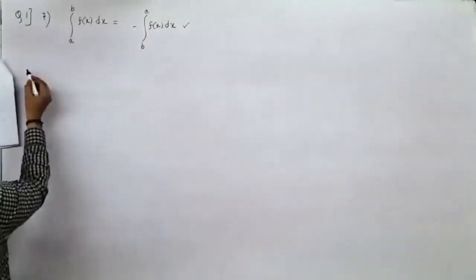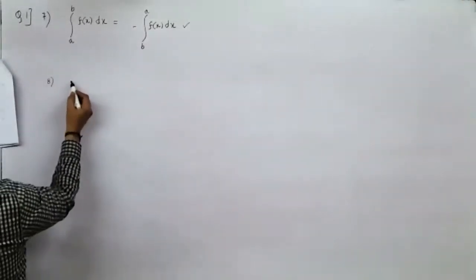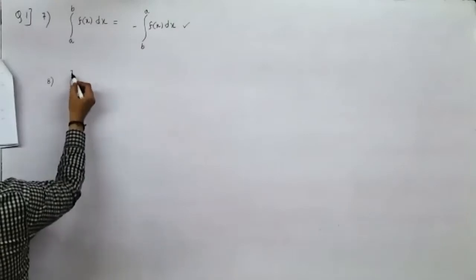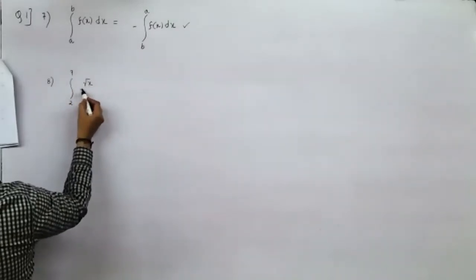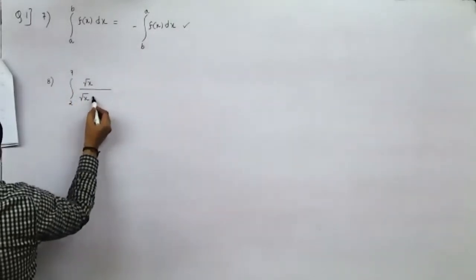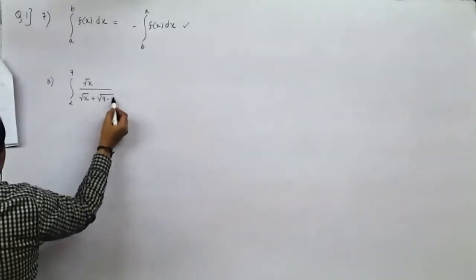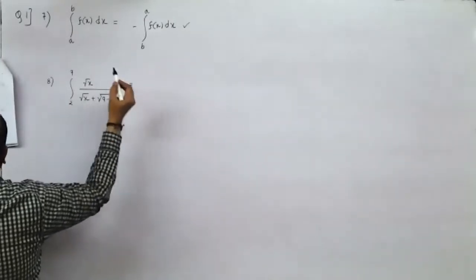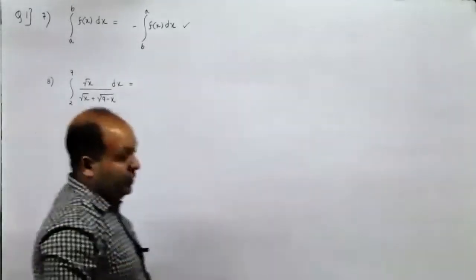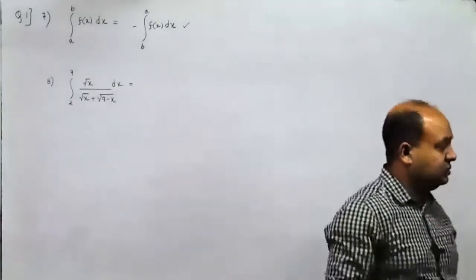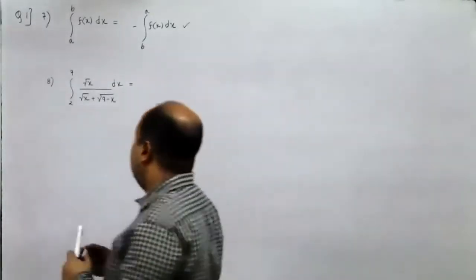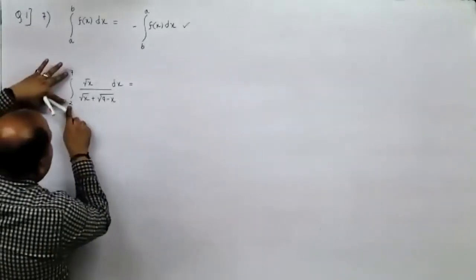Next, I come to question number 1, the 8th part. Integral 2 to 7 of root x upon root x plus root 9 minus x. Now, if you observe here, 2 plus 7 is 9.